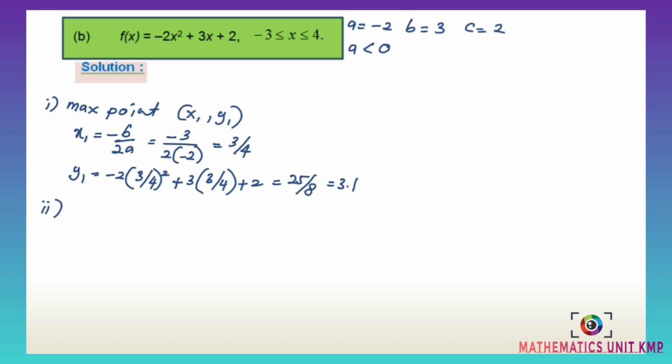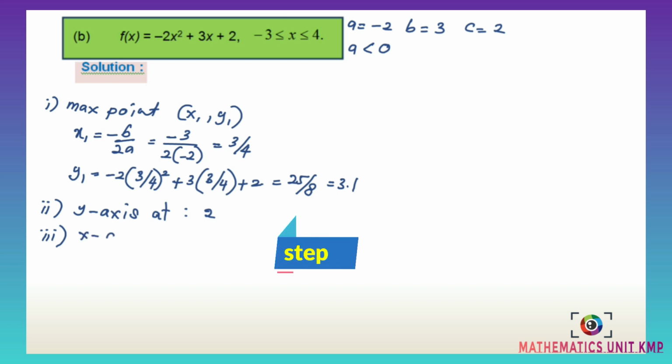The second step is to find the intercept of the y-axis, where the value of c equals 2. And the third step is to determine the intercept of the x-axis.